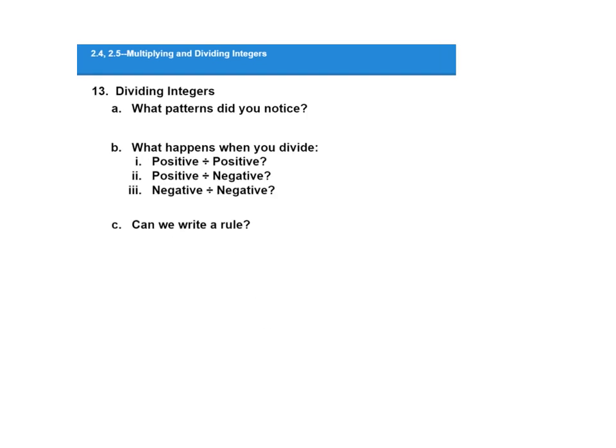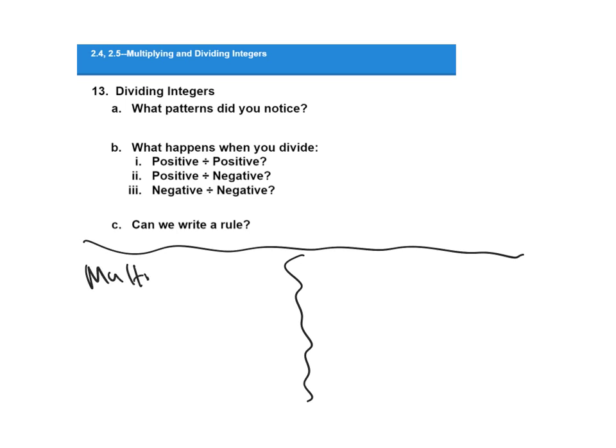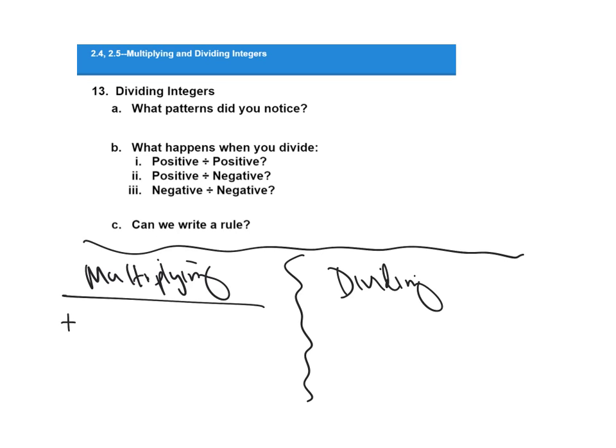So what I want to look at is just how consistent, or how extremely similar, these rules are, just minus the different operation. So when we're thinking about multiplying and we're thinking about dividing, a positive multiplied by a positive, you know you're going to get a positive.